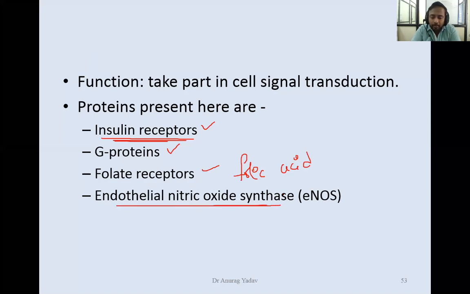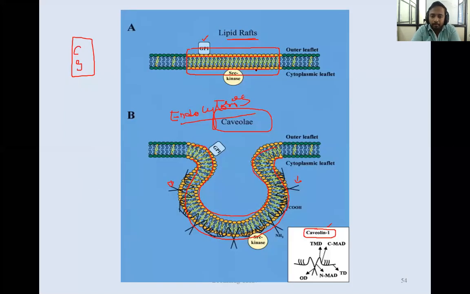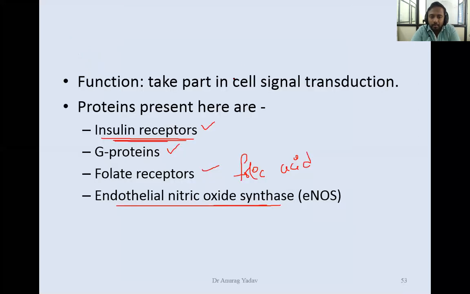Okay, the enzymes involved in synthesis of nitric oxide are also present in this area. This area is very important for the cell transduction pathway, which you have learnt in the hormones chapter. Lipid rafts and caveolae are important portions of the cell membrane majorly involved in these transduction pathways, because they are rich in these particular proteins.